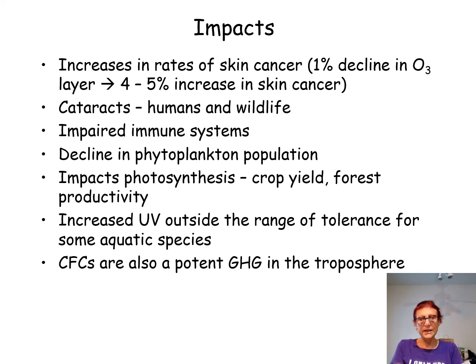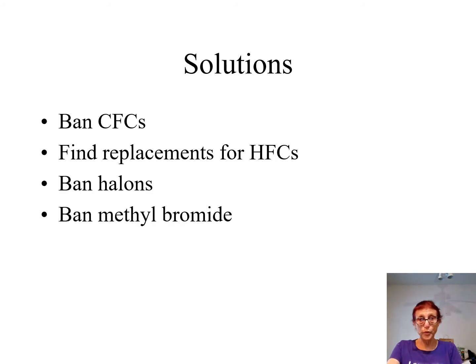And lastly, CFCs or freons are also a very potent greenhouse gas in the troposphere. However, just because CFCs are a greenhouse gas in the troposphere does not mean, and let me emphasize that, does not mean that stratospheric ozone depletion is the reason for climate change or global warming.